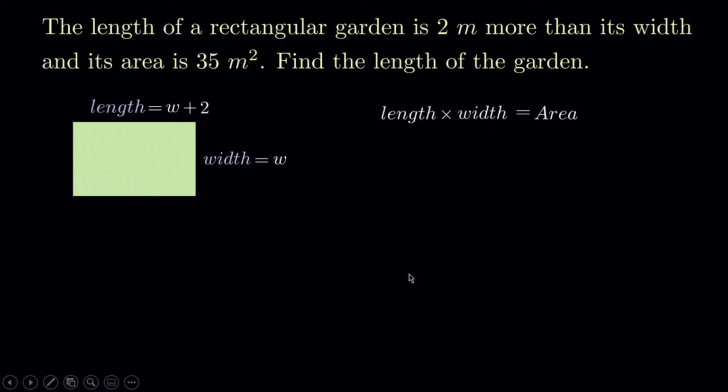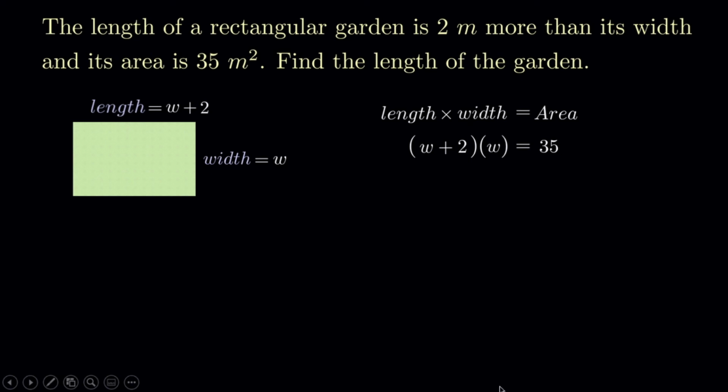Okay, so the length, we represented it as W plus 2. And the width, we have represented it as W. And instead of this symbol for multiplication, so gamit tayo ng parentheses. Okay? Equals area. Ano daw yung area sa problem? May given na yan. So that is 35 square meters. Okay? Take note, hindi natin kailangang maglagay ng units sa equation. Okay? Sa dulo na lang tayo maglalagay ng unit.